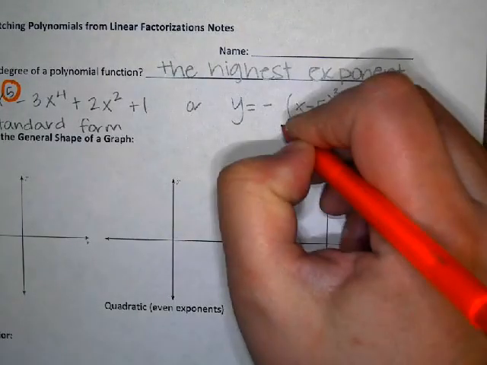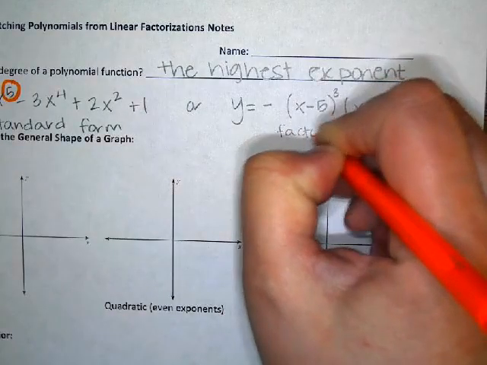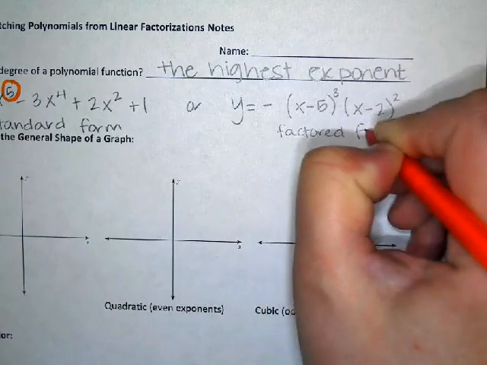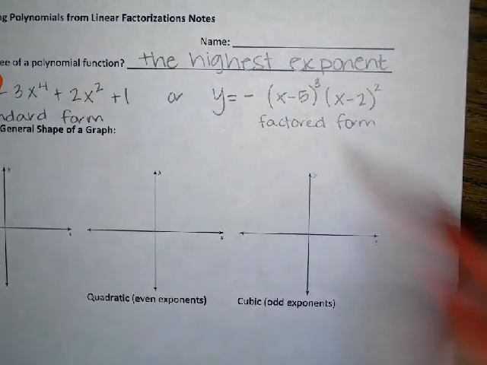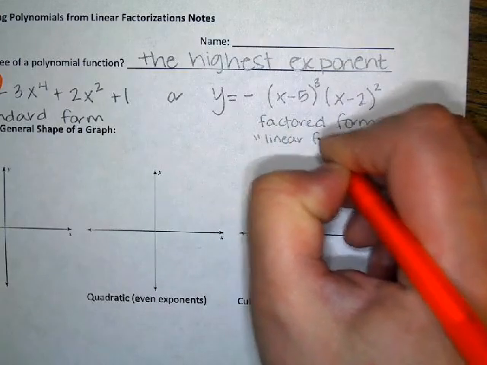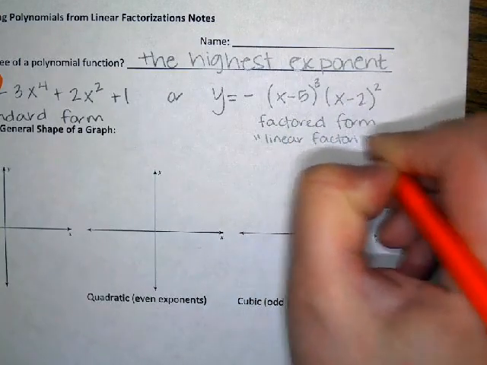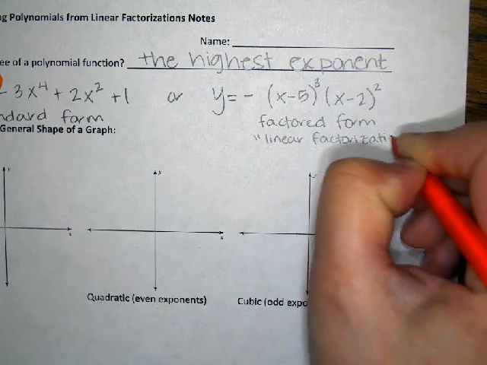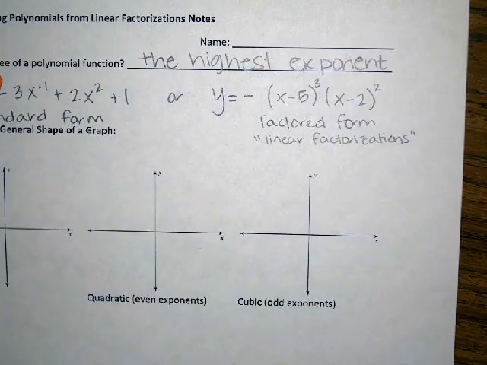Over here, we have the factored form. Sometimes they call this linear factorizations. So the key word there is just factor. Factors are always written in parentheses like that. And when it's written in factored form, you don't look for the highest exponent. You have to add the exponents together. So you're not going to see the highest exponent in the problem.